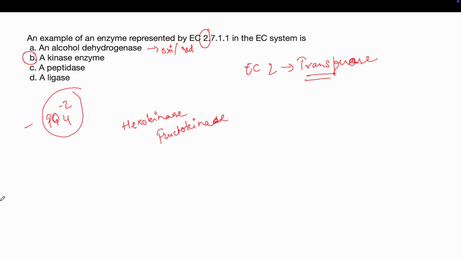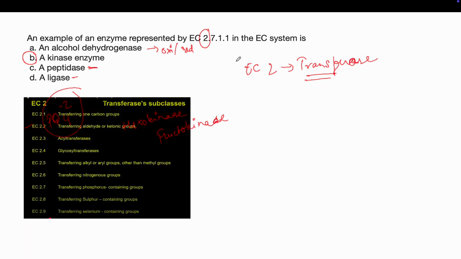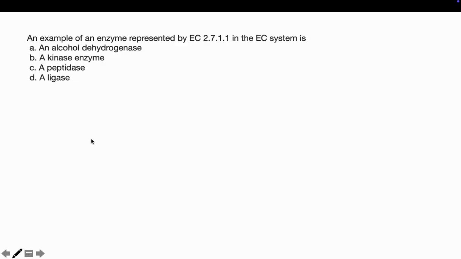It will transfer the phosphate from ATP to different molecules like fructose or different sugars, as in hexokinase. Peptidase is again breakdown, so peptidases could be hydrolases, and ligases again are formation. They have different EC numbers. Yeah, so here is the picture.